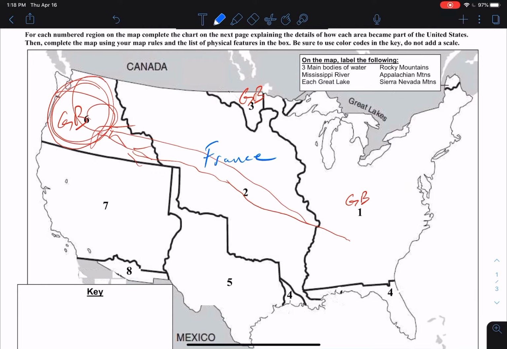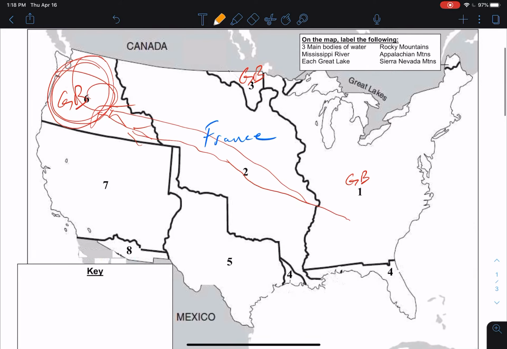Now, I also know that we got a buttload of stuff from Spain, right? So what else did we get, and who did we get it from? Well, if you look at Florida, we got Florida from Spain, okay? So there we go. What else did we get from Spain? Well, we get Texas from Mexico, and before that, Mexico got it from Spain.